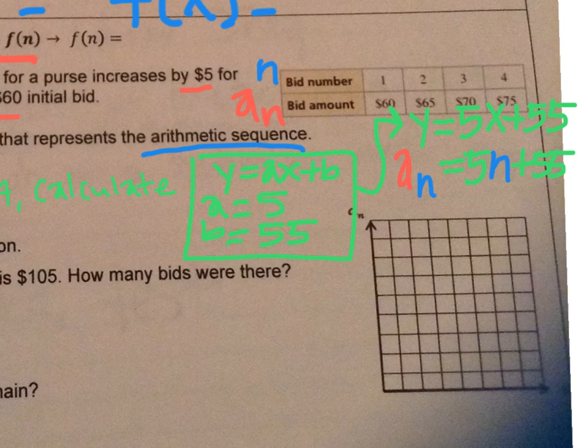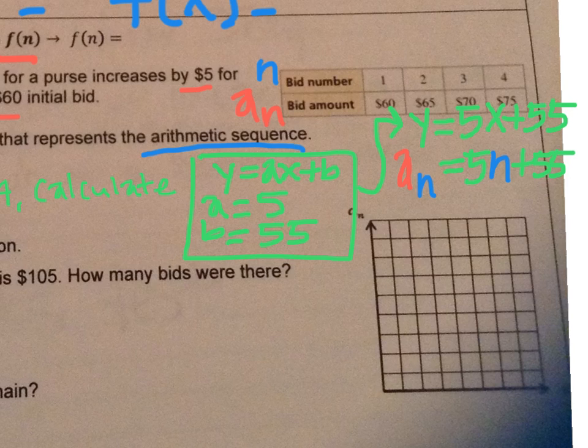Here's what you should have gotten. You should have gotten that y is equal to 5x plus 55. Then, once we wrote it as an and in terms of n, then we would have gotten that an equals 5n plus 55.